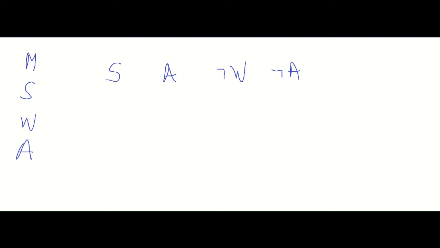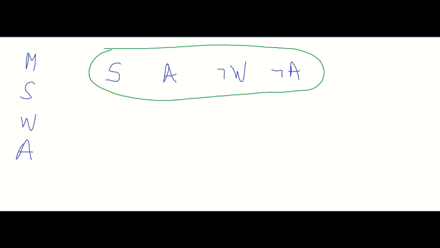So we get these 4 statements. That should be either sailor, or aristocrat, or not watchmaker, or not aristocrat.